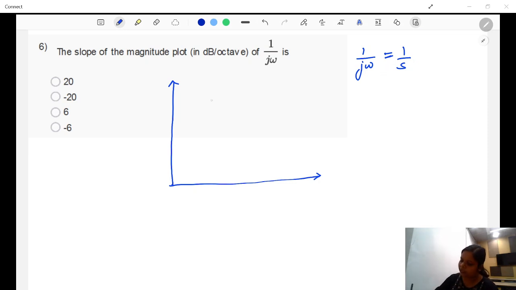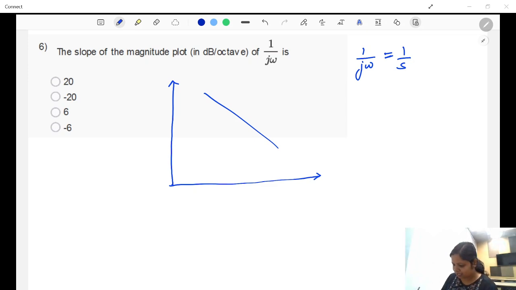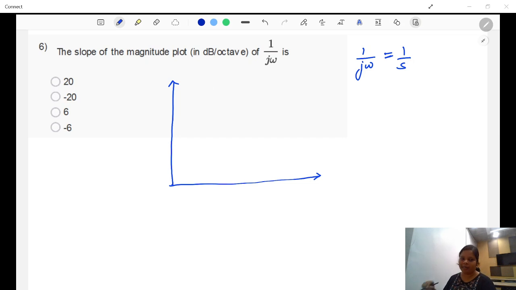It's not that we should remember it; it comes with practice. But still, we should know how to find out what the slope actually is, and I'm not thinking it to be rising as plus 20 per decade. We should be very clear with the concepts. So I'll solve this question for you.